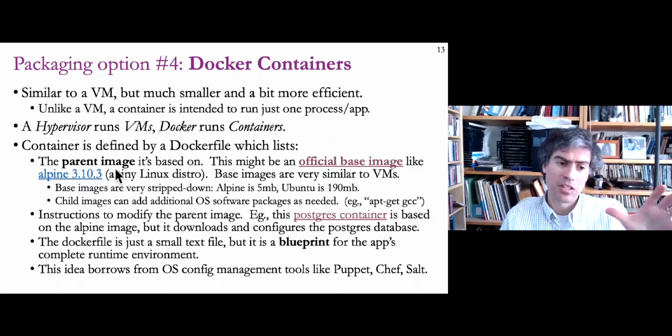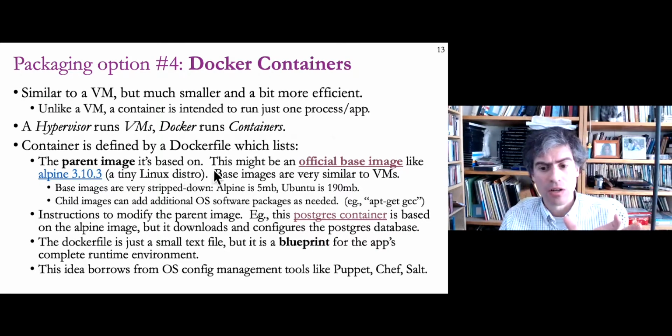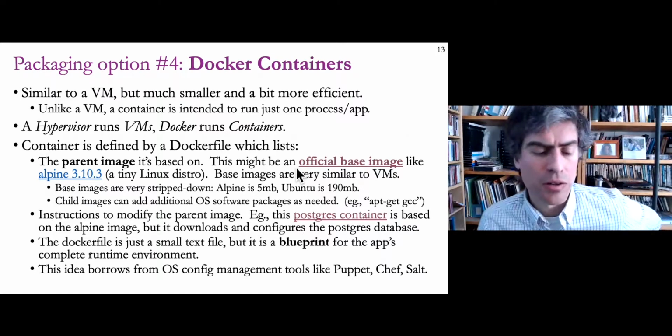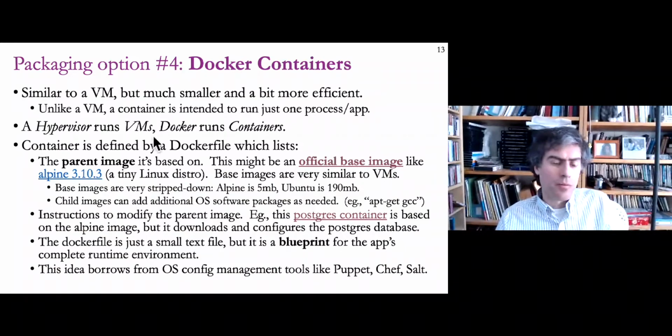A parent image is kind of like a virtual machine image in the sense that it's a disk image, but they tend to be much smaller than full virtual machine images because they're stripped down with the intention of just running one process. They're not general purpose things, and they're customized to bring in whatever. If you do need something more than just the basic stripped down Linux distribution, you have to specify it.